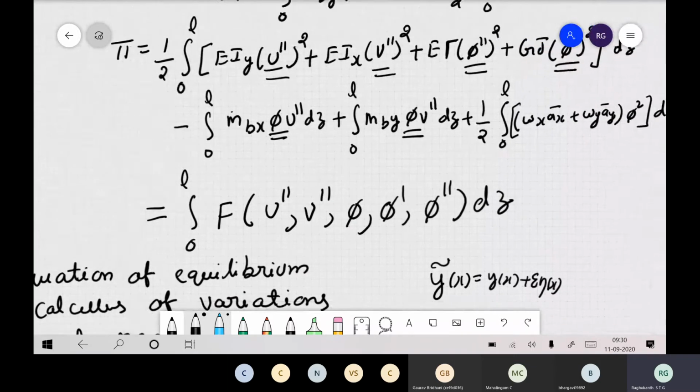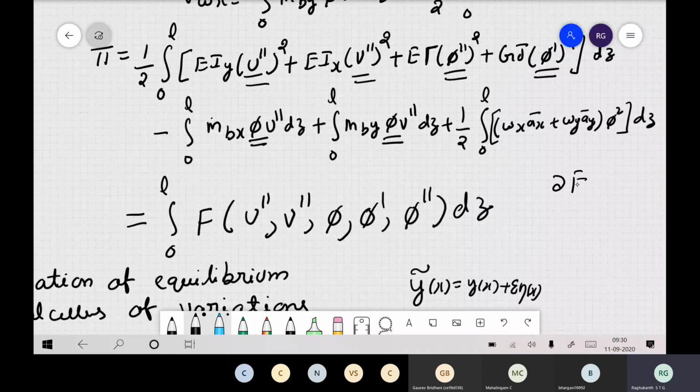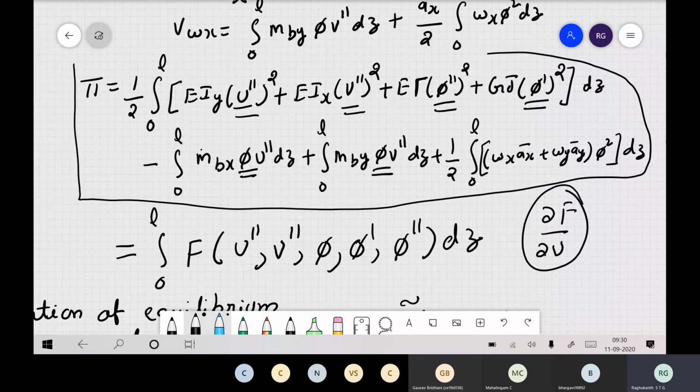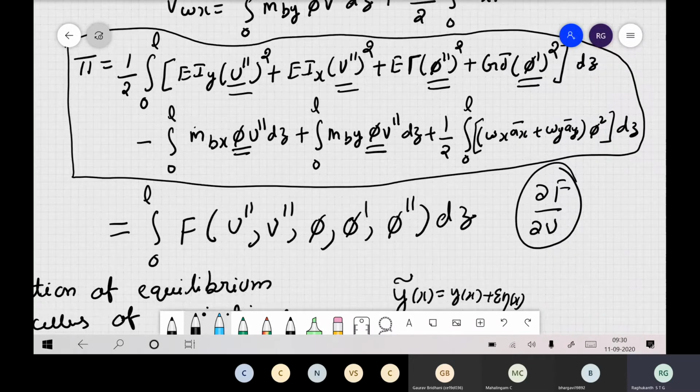So for example, what is dou f by dou u? See now this is our f, this entire expression. So what is dou f by dou u? This entire expression you have to differentiate with respect to u. If you see in all these terms, there is no u at all anywhere.